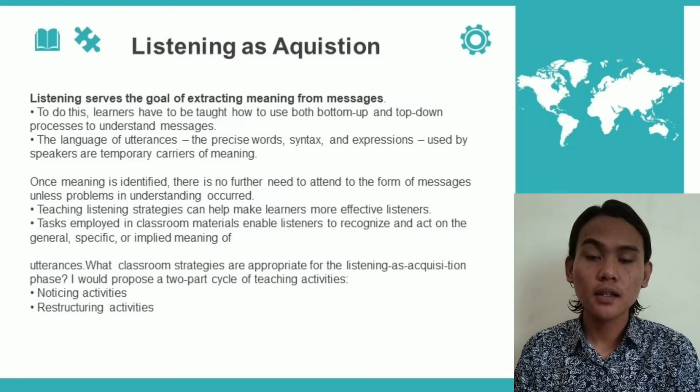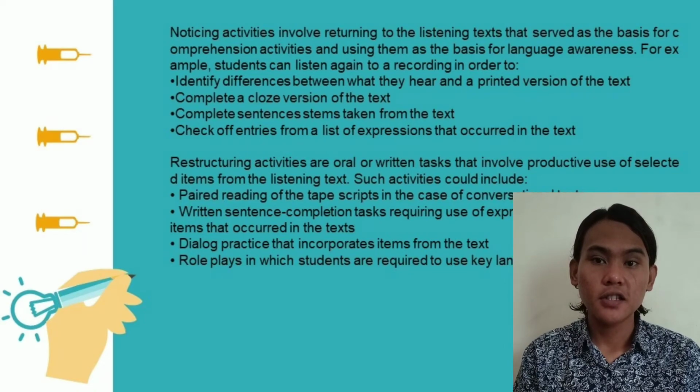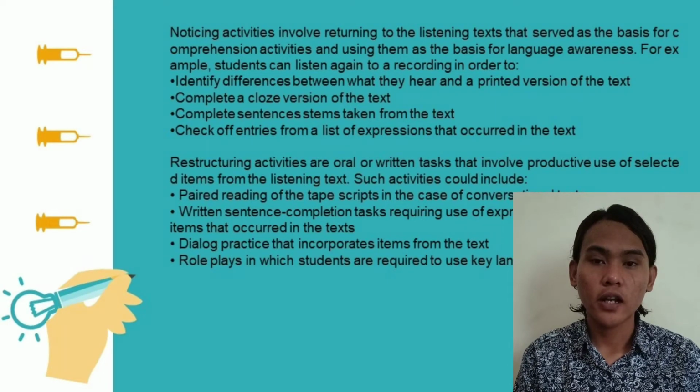What classroom strategies are appropriate for the listening as acquisition phase? It is a two-part cycle of teaching activities. First, teaching activities. Second, restructuring activities. The first, teaching activities, involve returning to the listening text that served as the basis for comprehension activities and using it as the basis for language awareness.